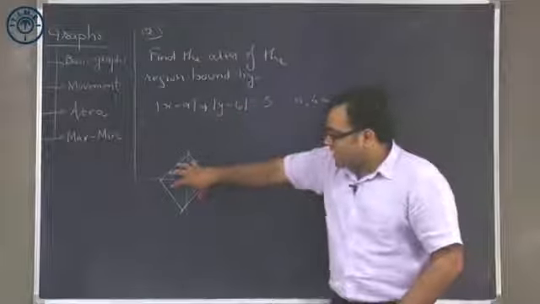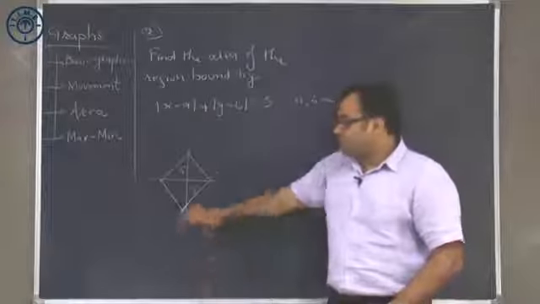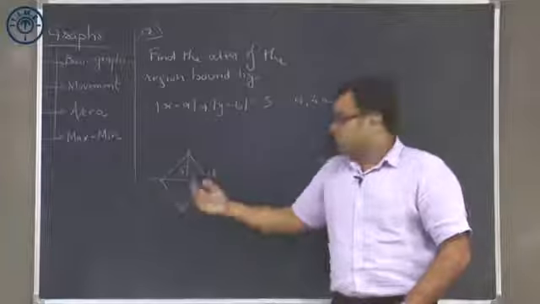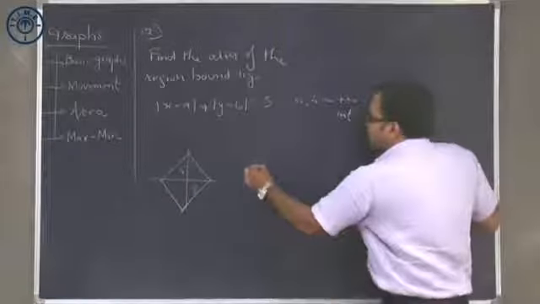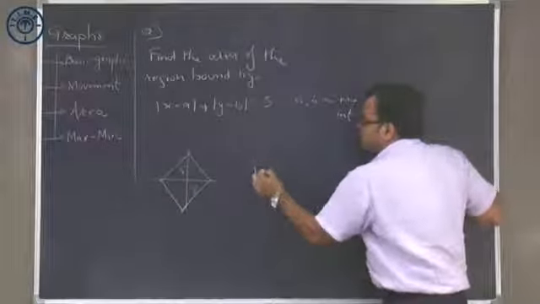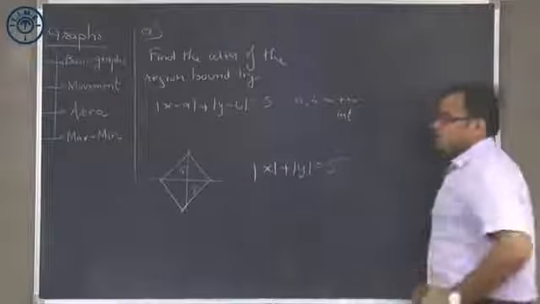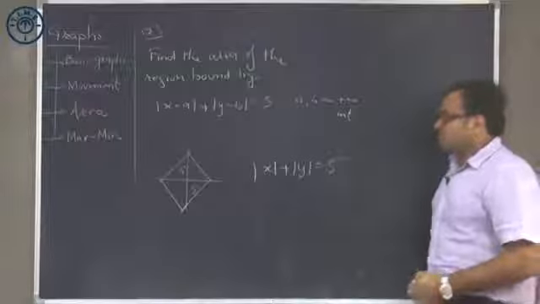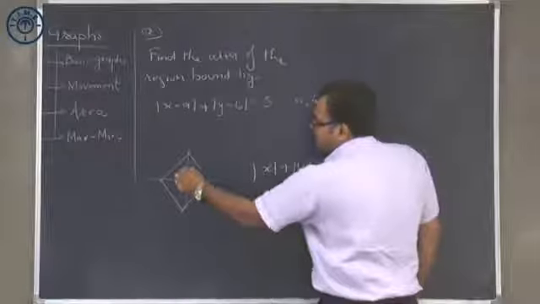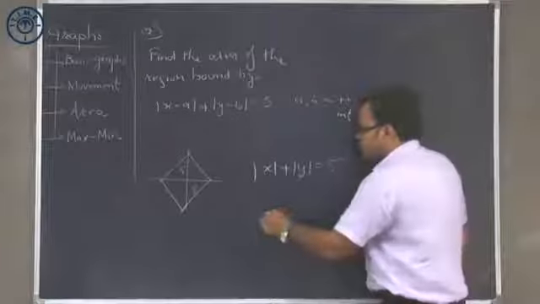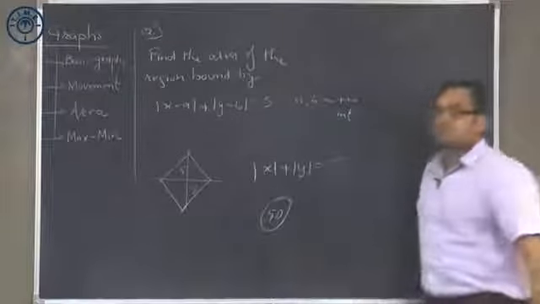The basic diagram will remain the same, and if the basic diagram remains the same, the area will also remain the same. So therefore, in order to calculate the area, I really don't have to worry too much about a and b. This is nothing but mod of x plus mod of y is equal to 5. And if mod of x plus mod of y is equal to 5, that means that this is 5, this is 5, 5 5 is 25 into 2, 50. 50 straightforward is your answer.